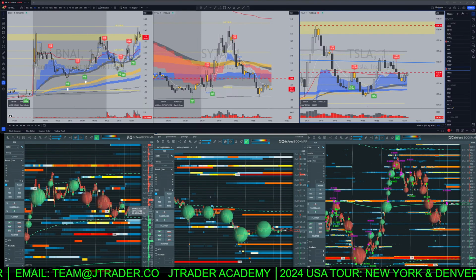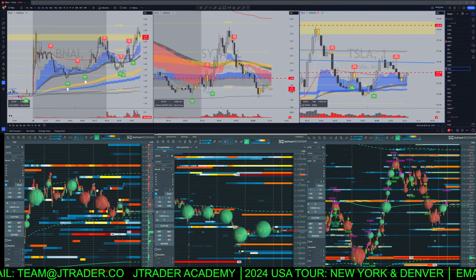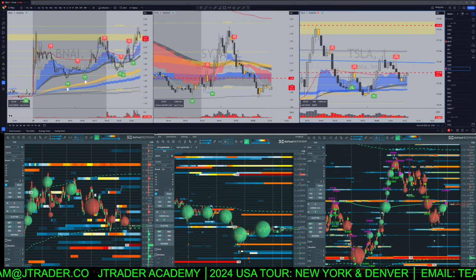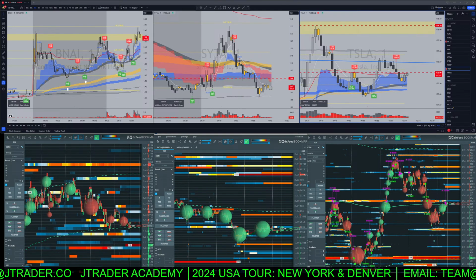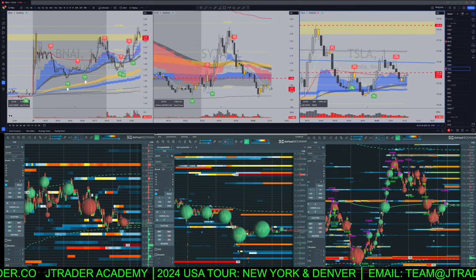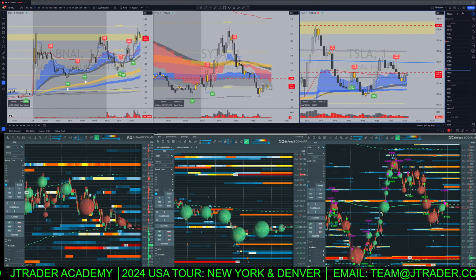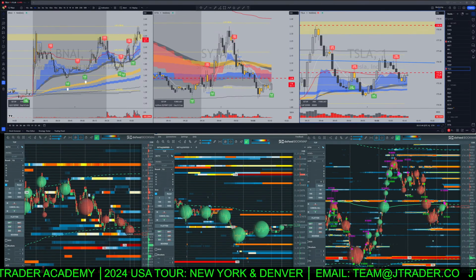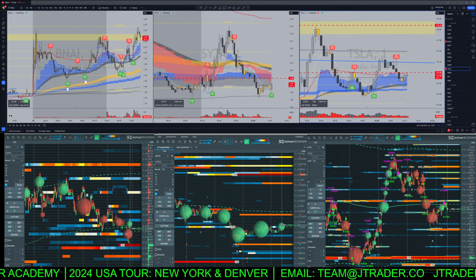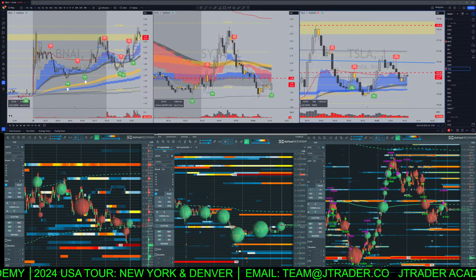Want to see over here failed traders is this 225. Break down 225. Let's see if they can hold below the 225.